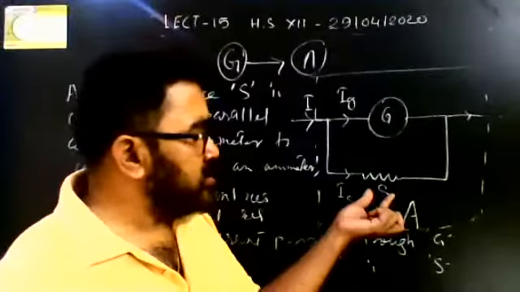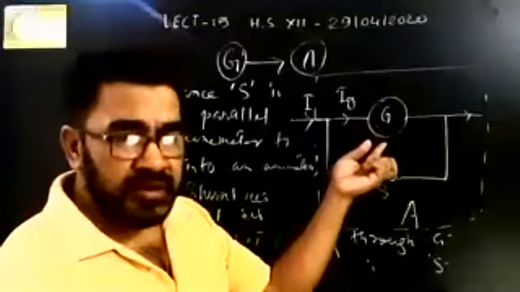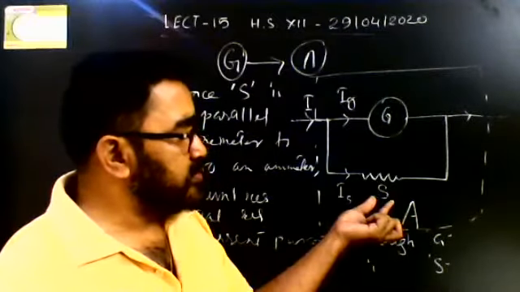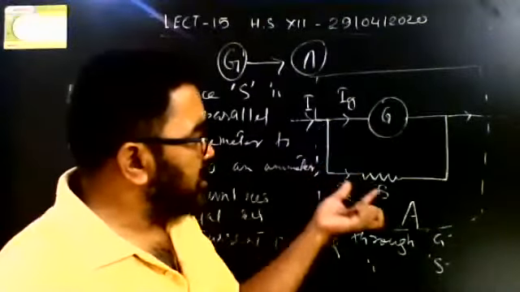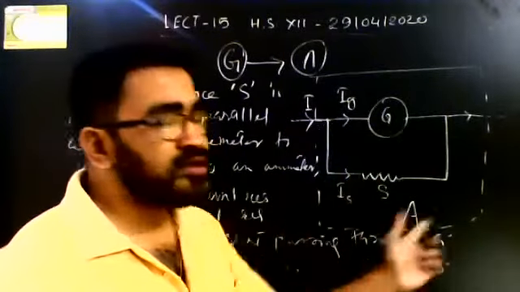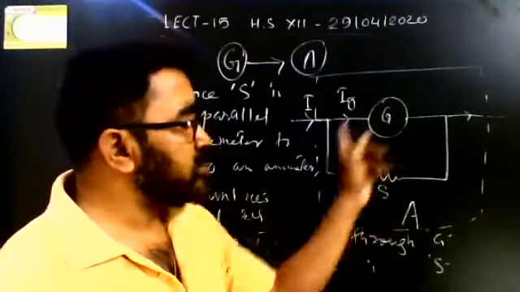By connecting a shunt resistance S in parallel with a galvanometer, the value of S being very small, the whole system converts into an ammeter.